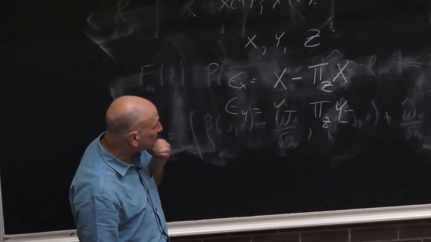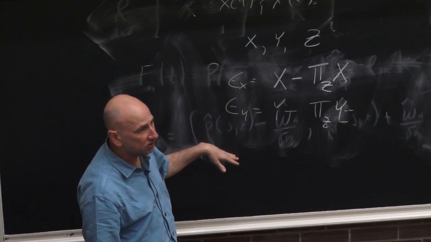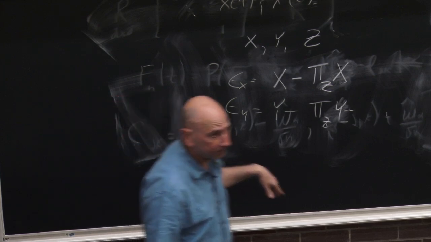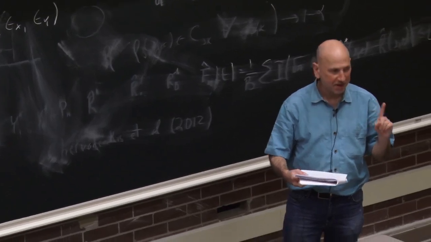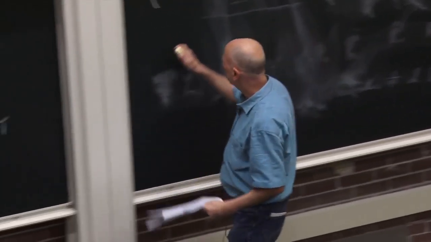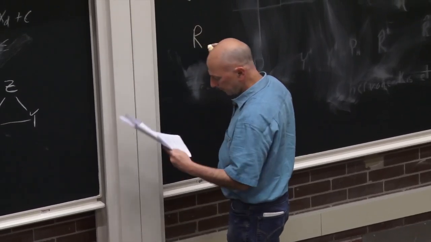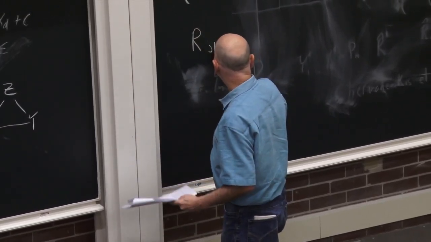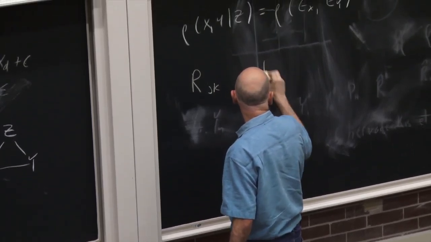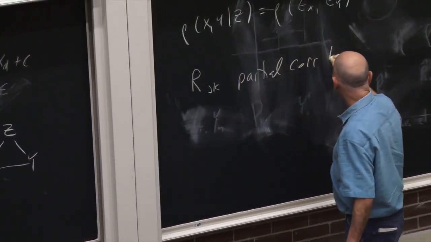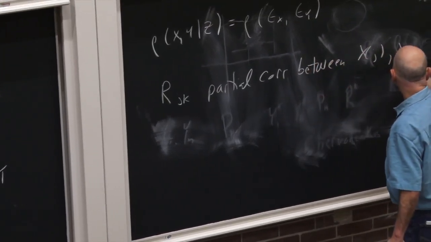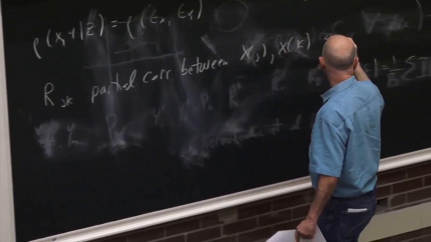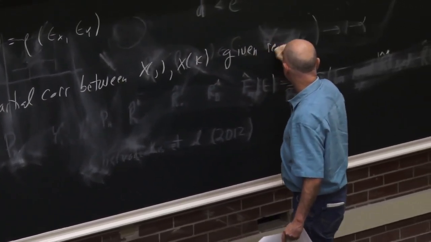Now, the question is, how do I write down an explicit expression for this, and how do I estimate it? That turns out to be surprisingly simple. Writing it down is simple. Estimating it turns out to be hard. So let me explain. Let's define Rjk to be the partial correlation, as I've just defined it, between x of j and x of k, given the other variables, given the rest.